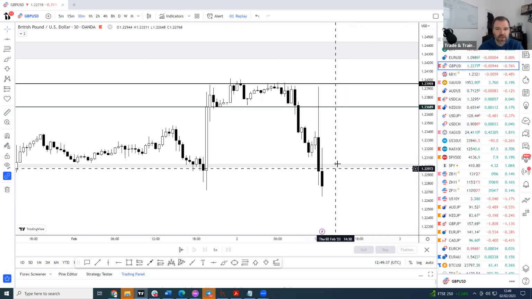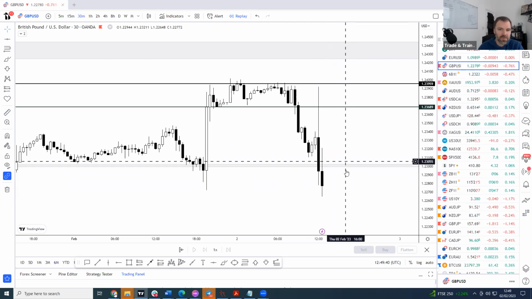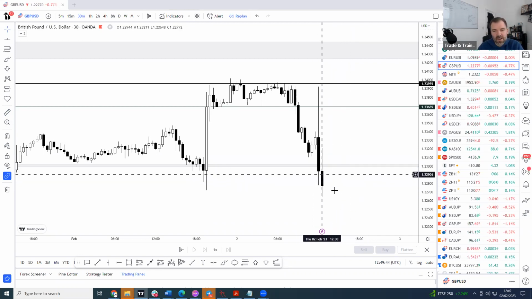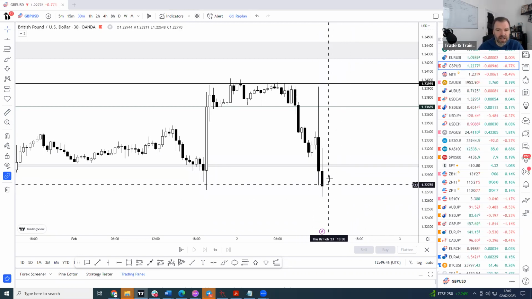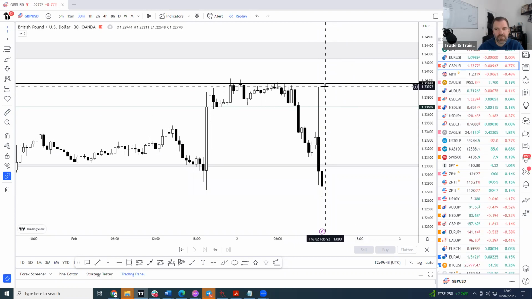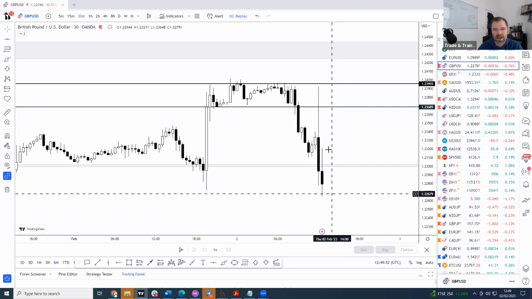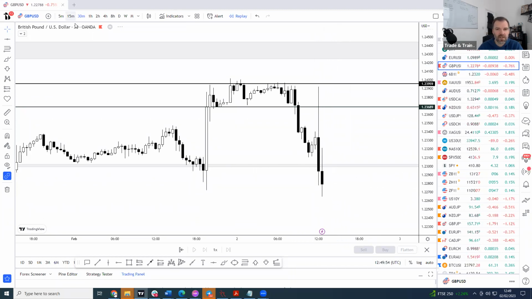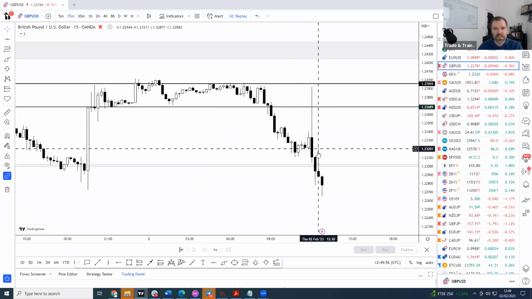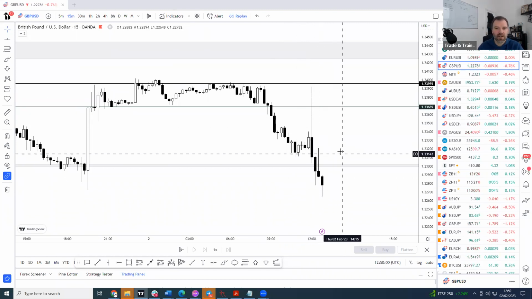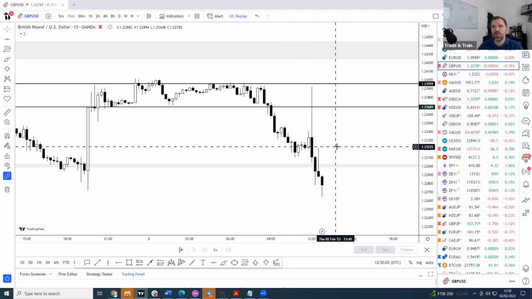I'd be more inclined to wait for price to come back on a smaller time frame and then see sellers step in at this area. Because then that way, essentially what you're looking at is the market's moved from 124, so it's moved 120 points in a straight line without any real correction. So you just had that little bit there. So I'd rather see price come down, pull back up, have some form of support.